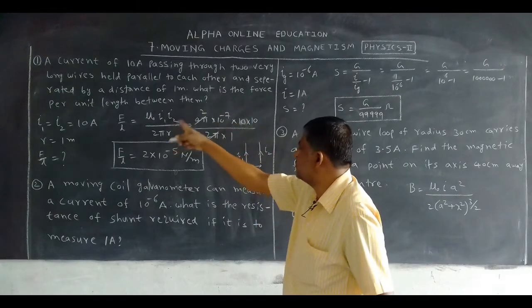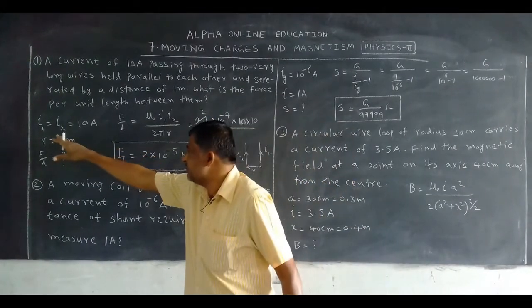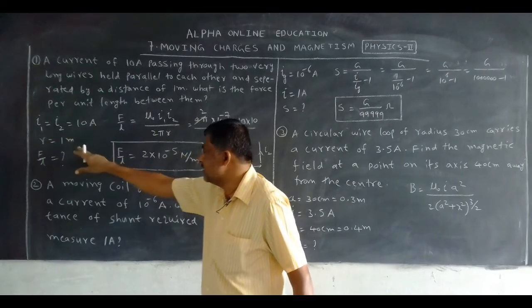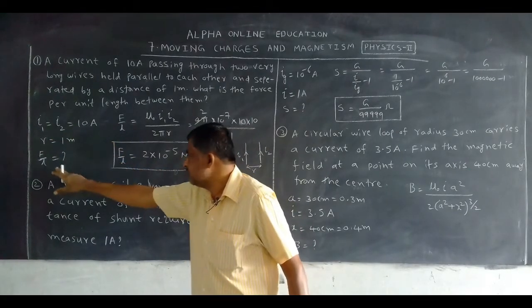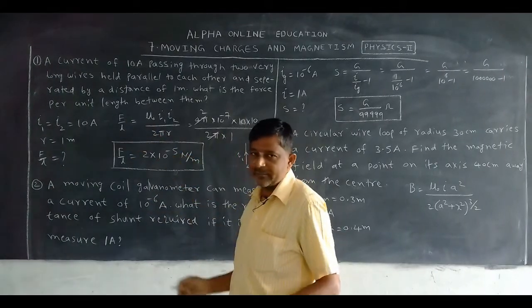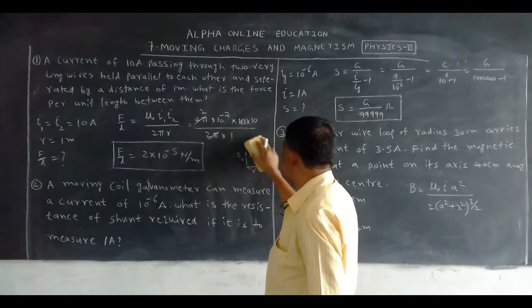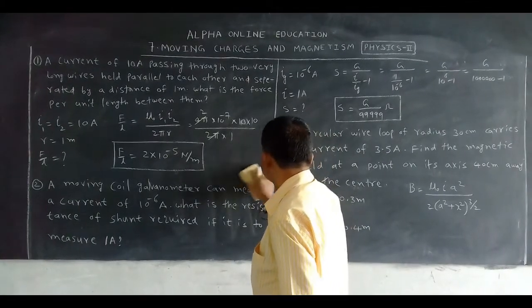What is the force per unit length between them? The data given is I1 = I2 = 10 ampere, r = 1 meter. We want to calculate F by L. This is the formula: F by L = mu 0 I1 I2 by 2 pi r.